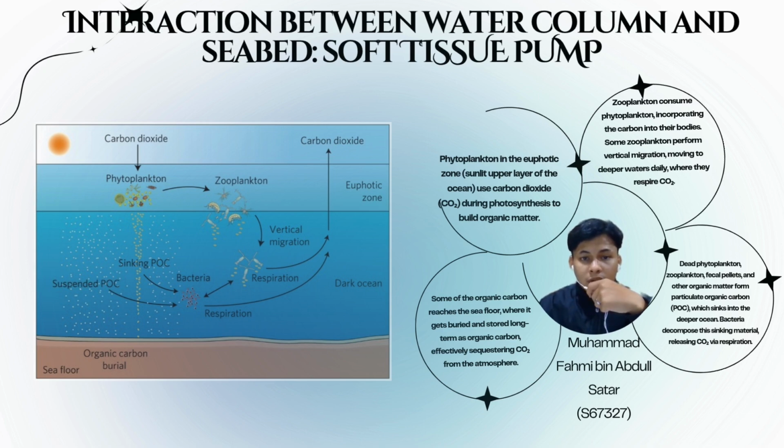And then, when these zooplankton or any organism that has carbon in its body dies, it releases particulate organic carbon that sinks into the deeper ocean. Then, this particulate organic carbon will be decomposed by bacteria to release CO2 via respiration. And finally, some of this organic carbon reaches the seafloor, where it is gathered and stored long term as organic carbon, effectively sequestering CO2 from the atmosphere.